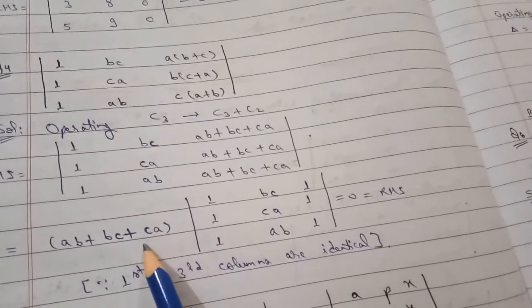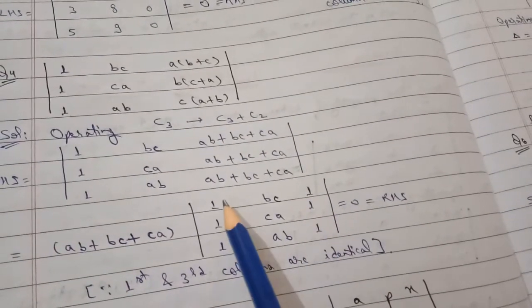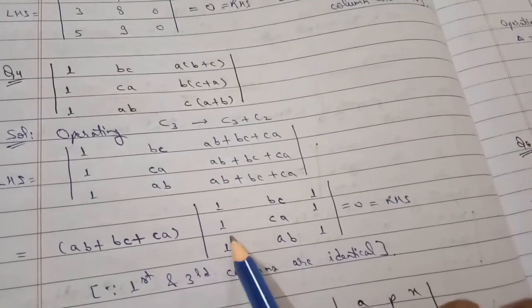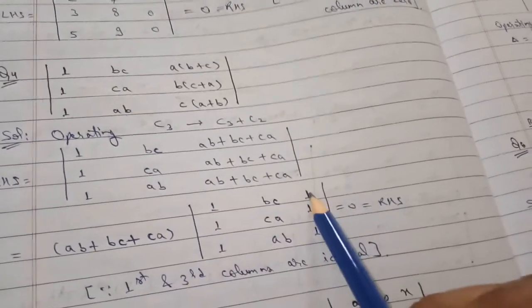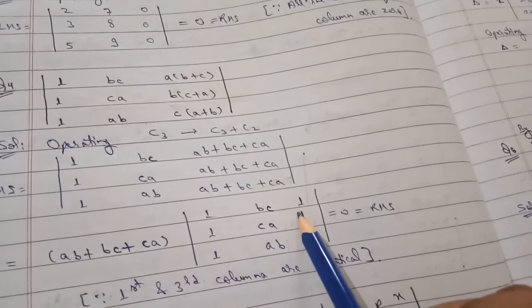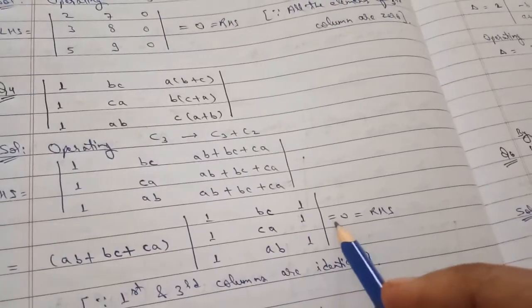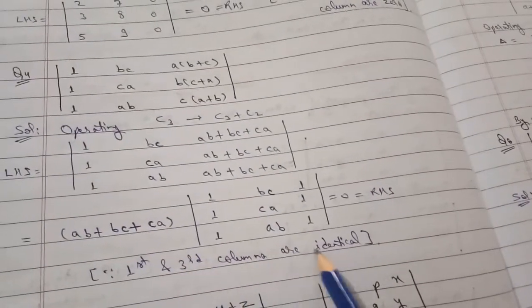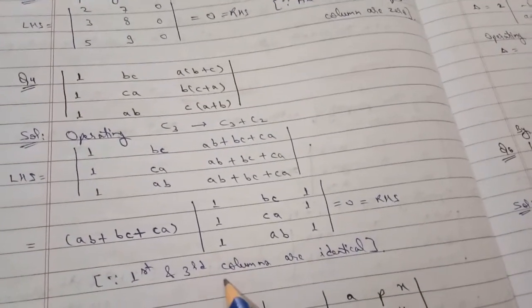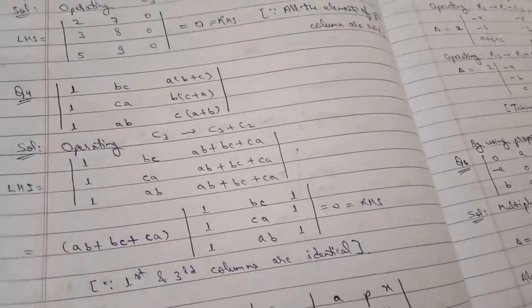What we get here is 1, 1, 1 in column 3, and column 1 also has 1, 1, 1. That means we have two identical columns, all the elements are the same in column 1 and column 3, so its value is 0. We have to mention the reason why its value is 0: because the first and third columns are identical.